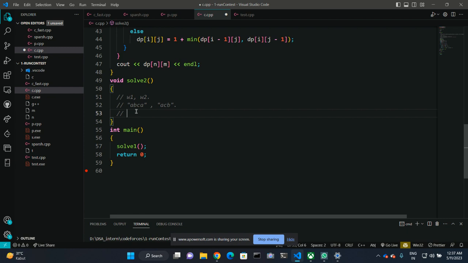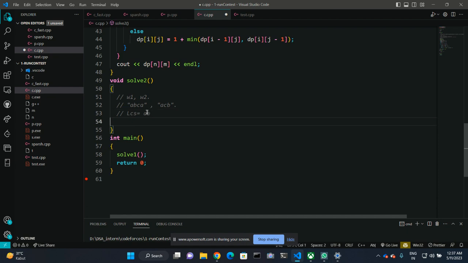ABC, ACB. I guess BC, no. AB, yes. Or anything longer than that? ACD, not there. So AB. So the LCS, the longest common subsequence, is AB.